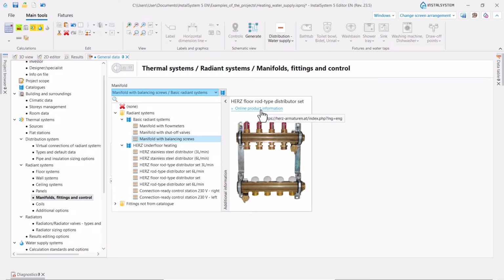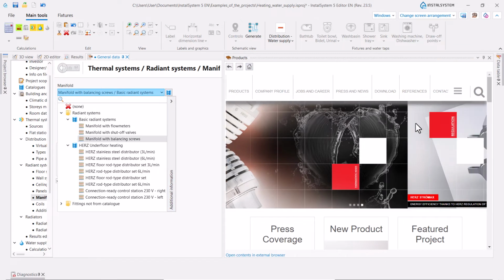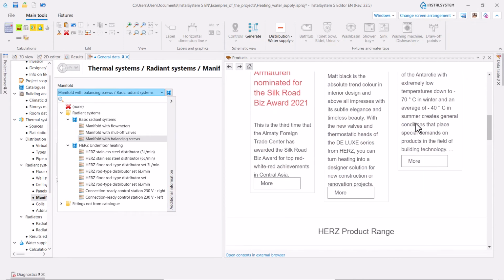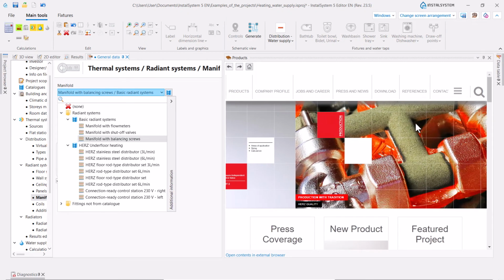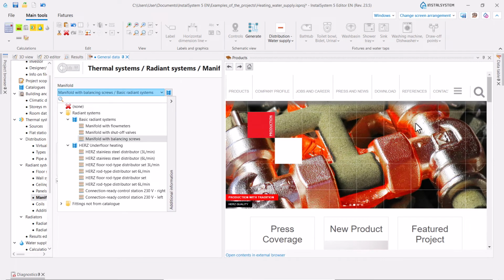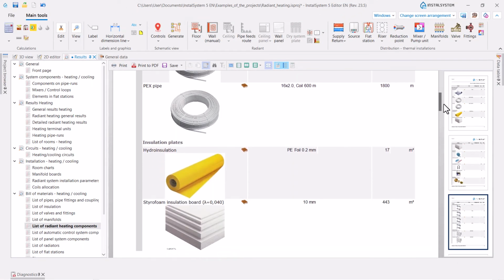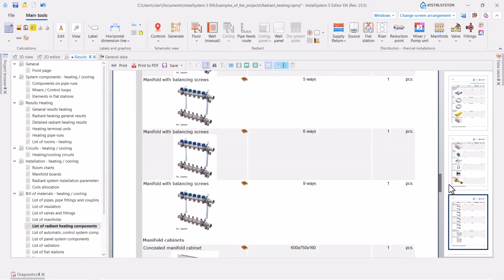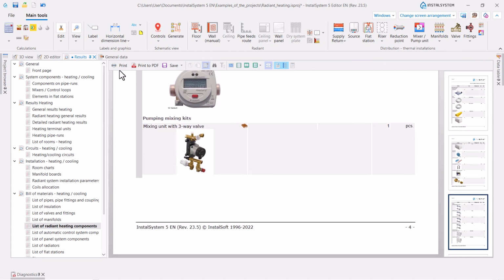If there is a dedicated website, it can be also linked with the system or element. Bill of materials resulting from the calculations can be printed with product images and additional description, making the design documentation much more complete and visually attractive.